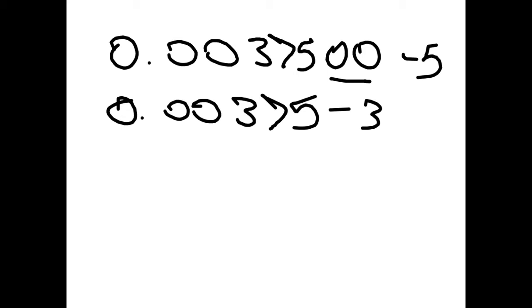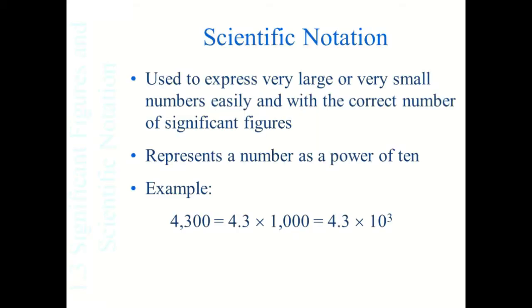So any other questions on significant figures? We're going to move on to scientific notation if you don't have any more questions. So, writing scientific notation. When I write scientific notation, this is what I do.